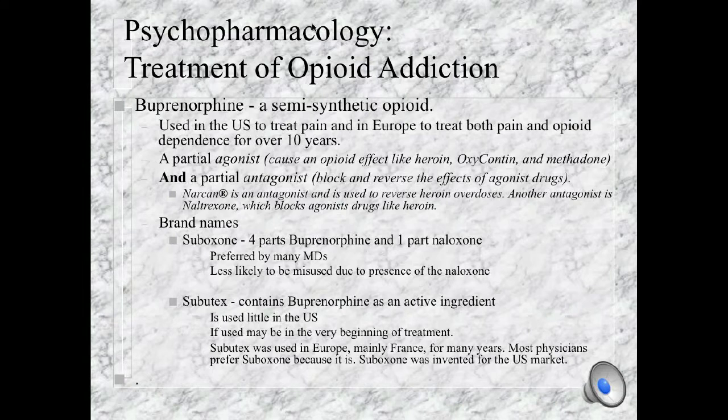Suboxone is a partial opioid agonist, which even takes care of the craving and withdrawal, but doesn't produce that high. The full agonist, like methadone or heroin, gives them that high.